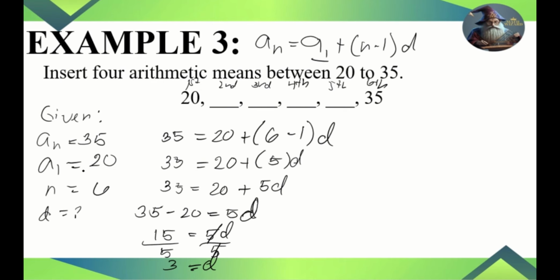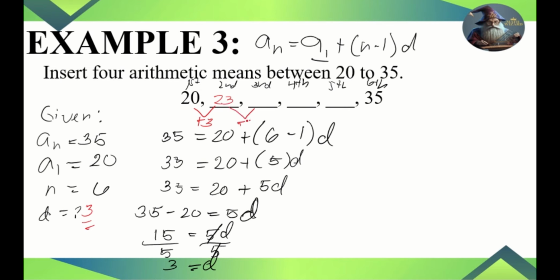So therefore, d is 3. Okay. Since nakuha na natin yung value of d, mag-a-add lang tayo ng 3 dito. Plus 3. Okay, 20 plus 3, that is 23.